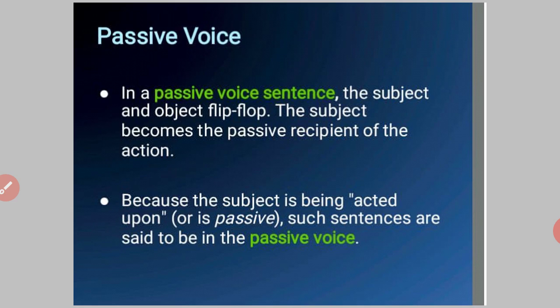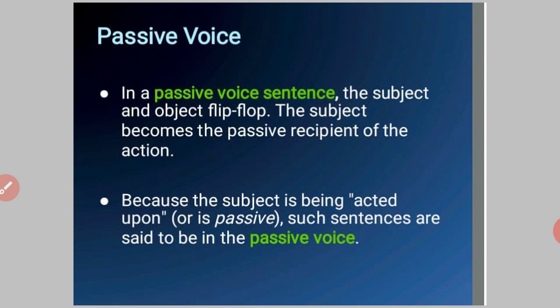Because the object comes at the first position in the place of your subject, here your subject is not performing an action. So the subject is passive. Passive means not active. What is the opposite of active? Definitely passive. Active means who is doing something. But who or what is not doing something is your passive.